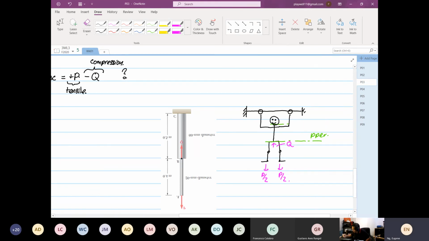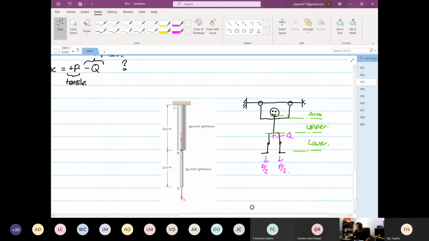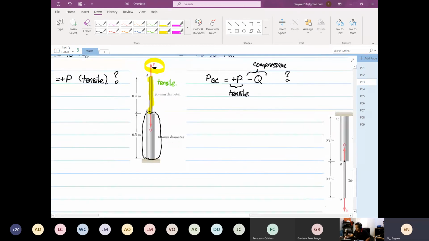This is your upper, so this is your arm, and this is your lower. Okay, so this is where you are.